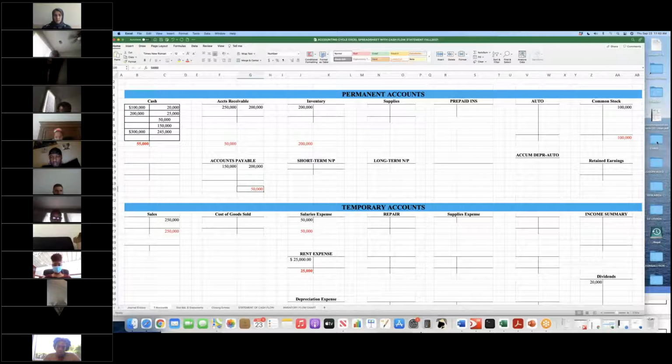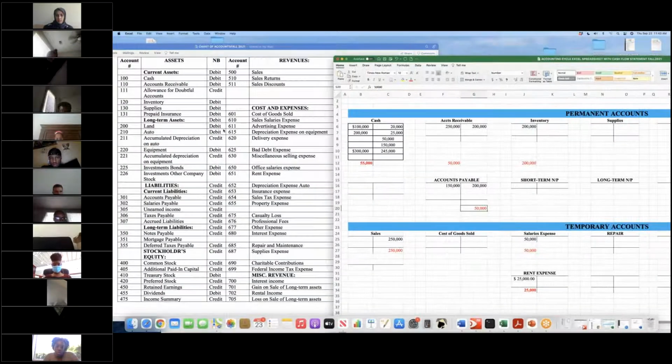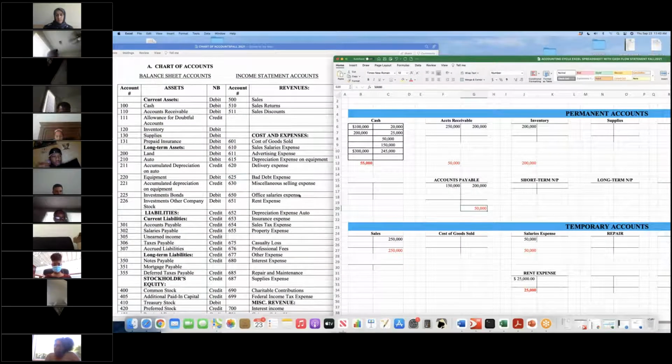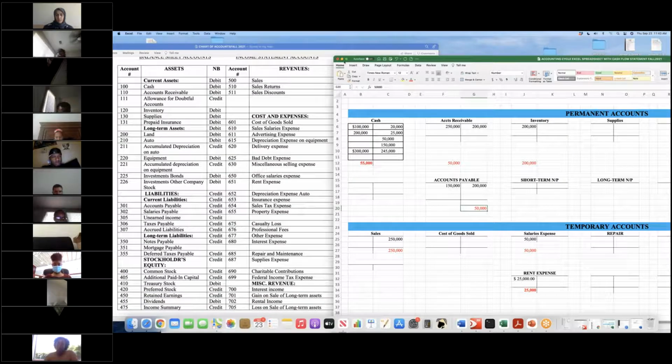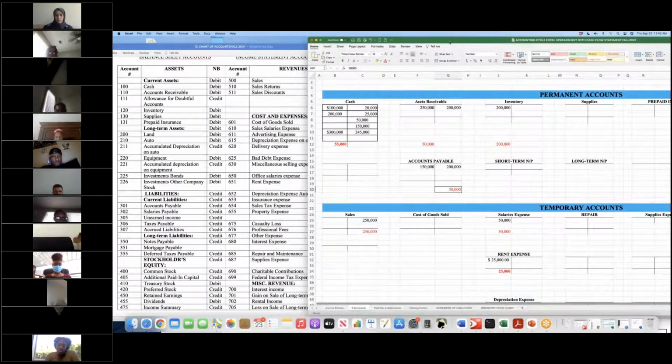I want it in the same order as it is in the chart of accounts. Here's the chart of accounts. I put in the major headline. That's fine because we want to be clear. So you're always supposed to have that hard copy of that chart of accounts ready.